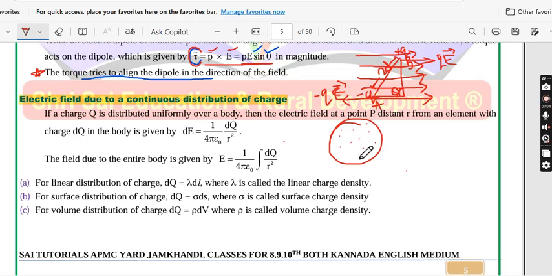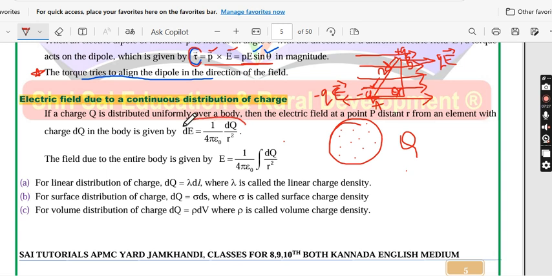If a charge Q is distributed uniformly over a body, then the electric field at a point P, distance r from an element with charge dq in the body, is given by dE is equal to 1 divided by 4 pi epsilon naught into dq divided by r square.